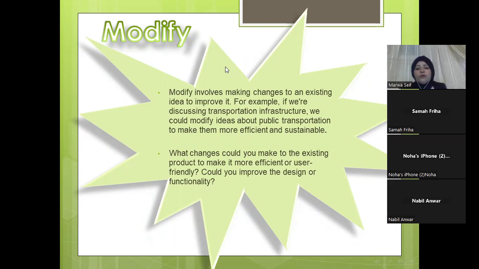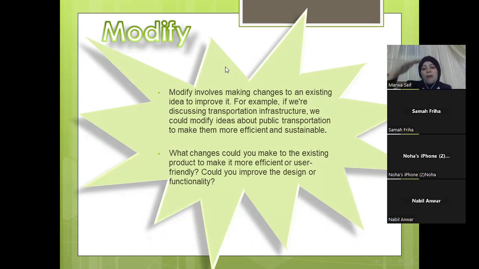Okay, now we move on to the M of the SCAMPER technique that refers to modify. In this part of the SCAMPER technique, our students in the group are going to think of what changes you could make to the existing product to make it more efficient or user-friendly. Could you improve the design or the functionality? Could you modify the size?